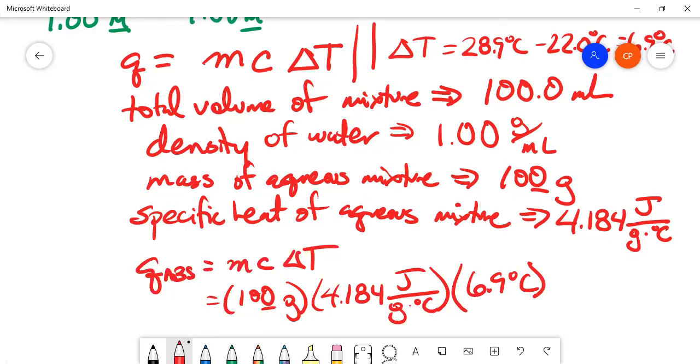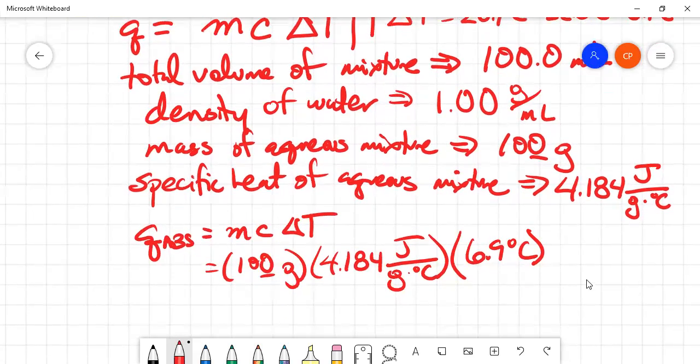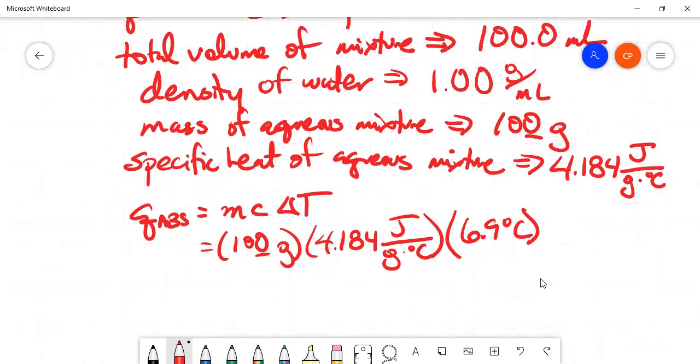4.184. I need 100 grams of that. I need 6.9 degrees Celsius of temperature change. And I've got 2 significant figures in the temperature change. I'm limited to the 10th place on the temperature change, so I'm really limited to the 10th place in the Q absorbed, 2,900 joules.